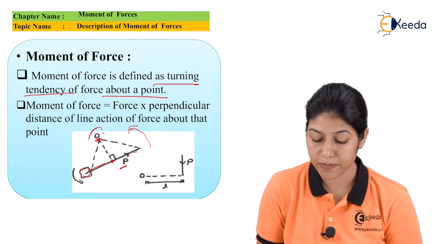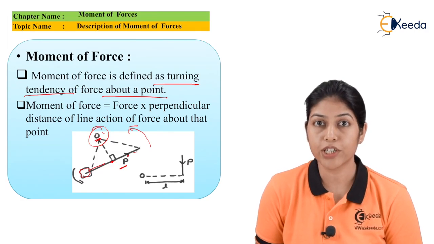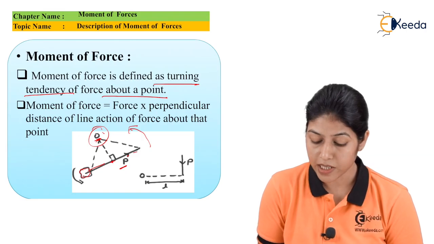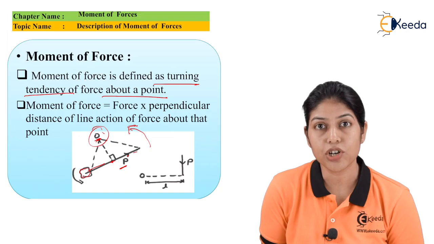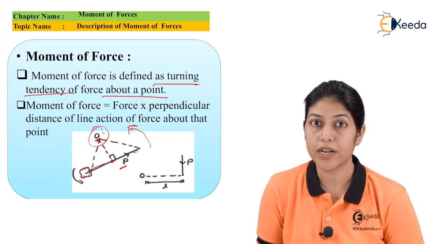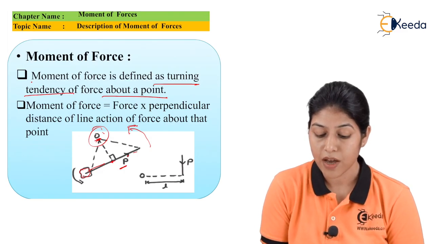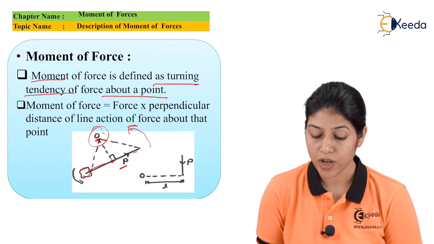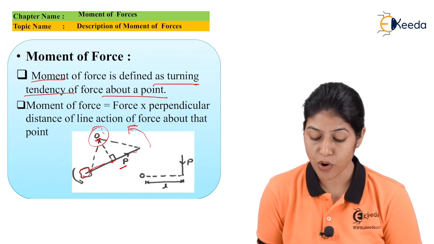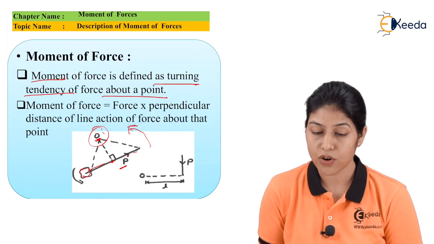So O is the point of rotation, and this force is moving in this particular direction. This rotation of force in a particular direction is considered as the moment. That is why we can say the moment is the turning tendency of force about a point. About this point, force P is rotating.